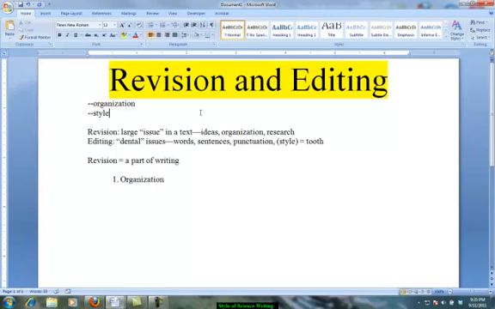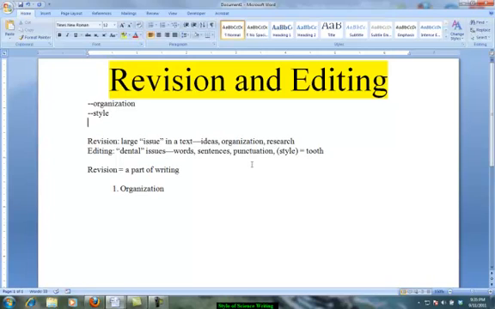So let's put this up here. Your goal in revision is to make your writing clear, accurate, and consistent. Those are our golden rules for your writing this semester.